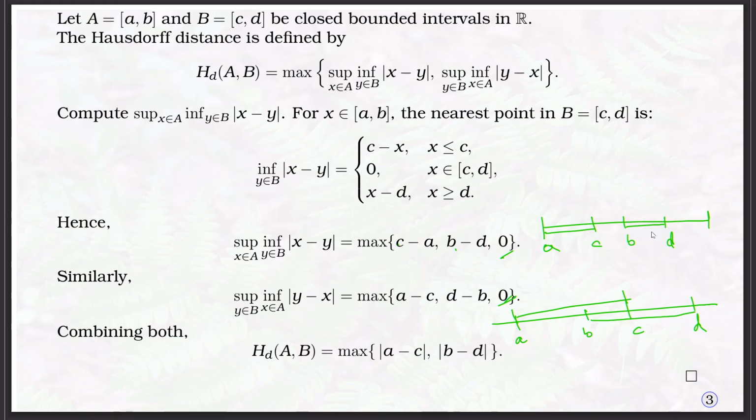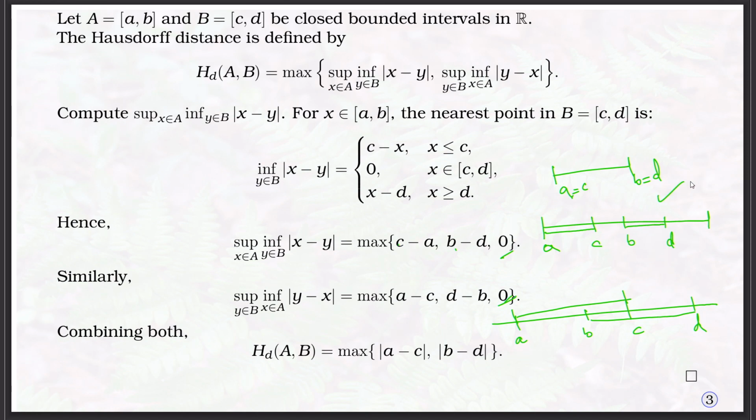If both sets are equal, that is A equal to C and B equal to D, then we will get 0 for A to C and B to D.